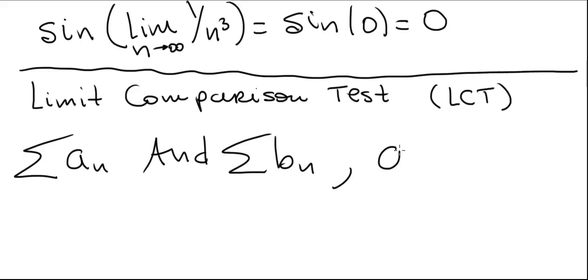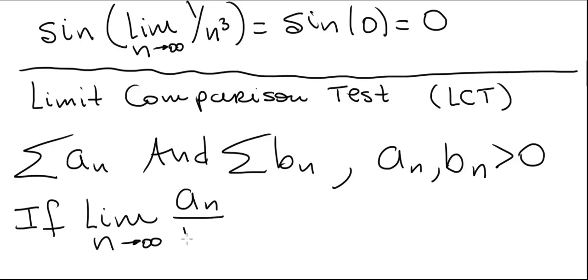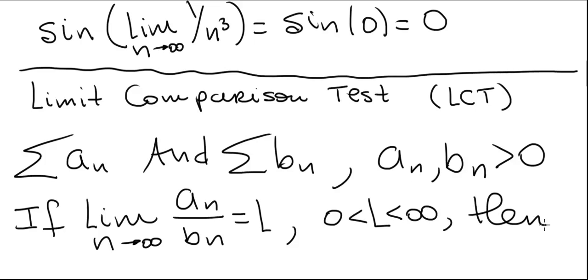And the restriction is that a_n and b_n must be positive for all n. If the limit as n goes to infinity of a_n over b_n is equal to L, and L must be positive, so it can't be 0, it has to be positive and finite, then the following holds.